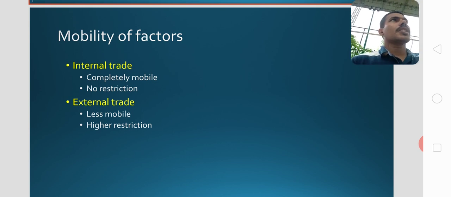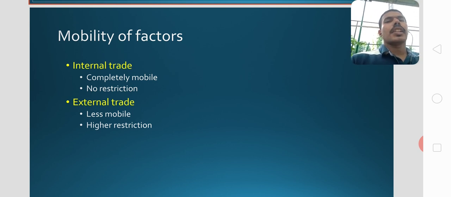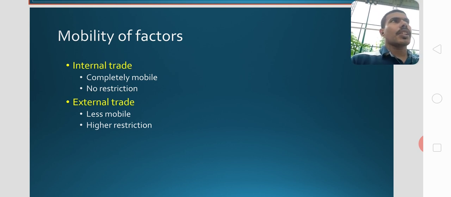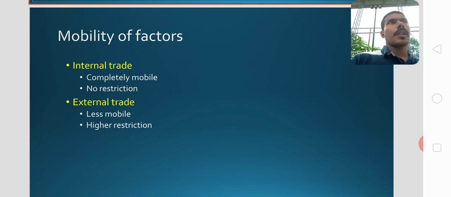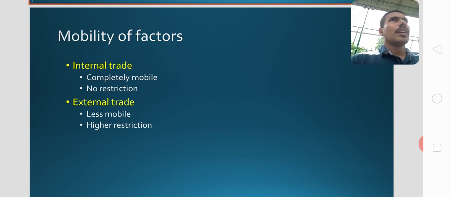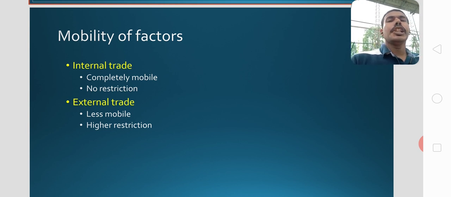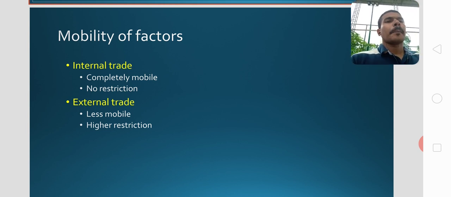But this is not the case for external trade. In case of external trade, factors are less mobile or immobile. For example, take the case of labor. In order to work abroad, we need to get a work visa.